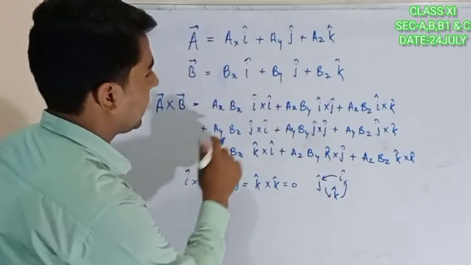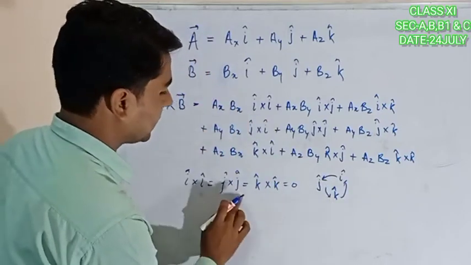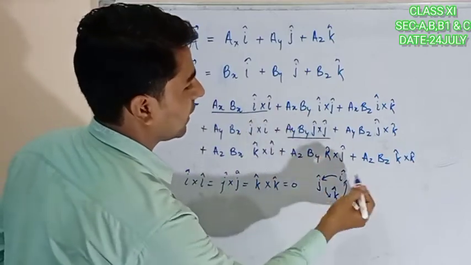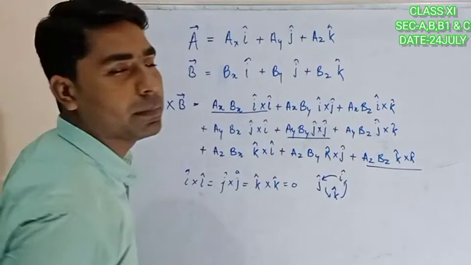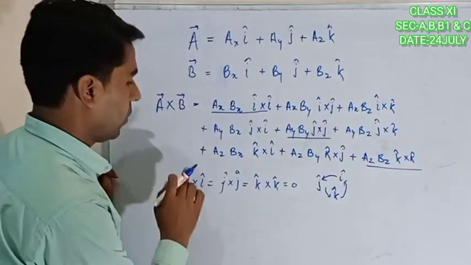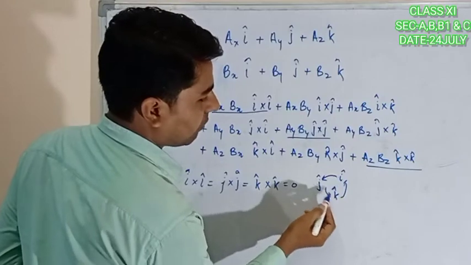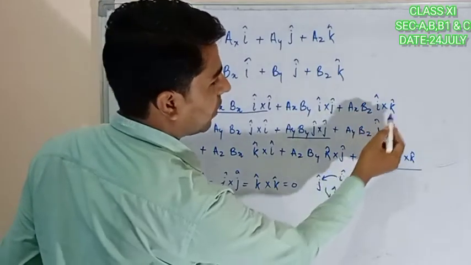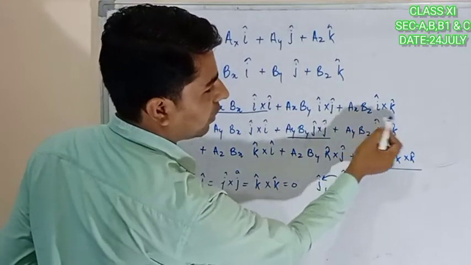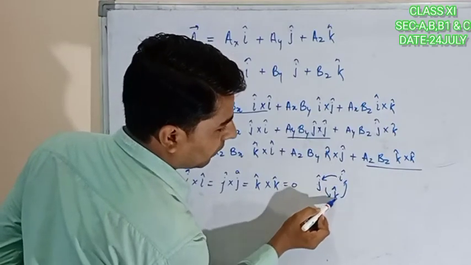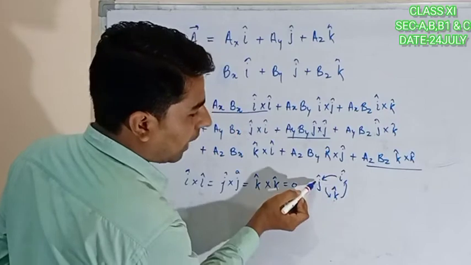Now see here, first of all, i cross i, j cross j and k cross k will clearly be 0. Now here i cross k, going reverse, will be minus j.